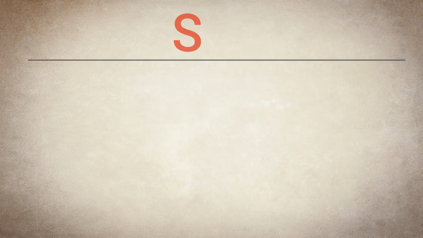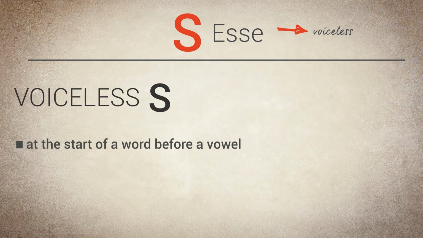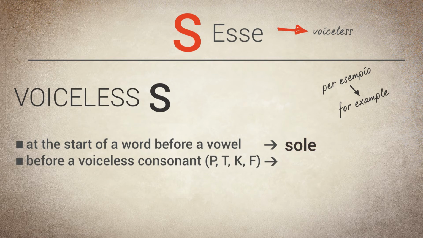Okay, next letter. S. Letter S can be voiceless. And it can be voiceless at the start of a word before a vowel. Per esempio. Per esempio means, for example, sole. Letter S is voiceless before a voiceless consonant, which is P, T, K, F. For example, sputare.